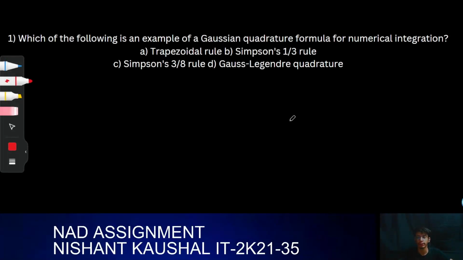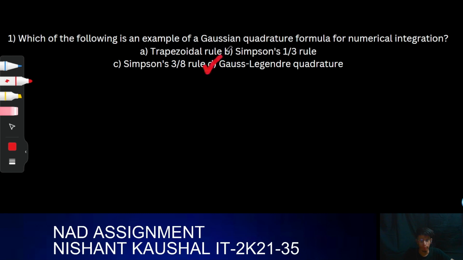Let us solve the second paper of our second internal test, which was also an MCQ based paper. Our first question is, which of the following is an example of Gaussian quadrature formula for numerical integration? A. Trapezoidal rule, Simpson one-third rule, Simpson three-eighth rule, and Gauss-Legendre quadrature.